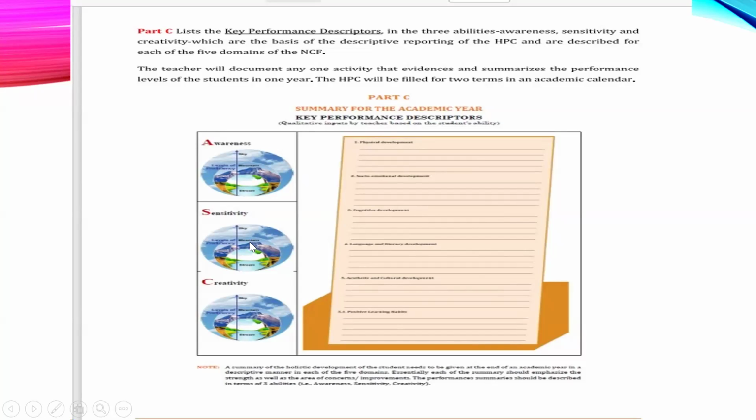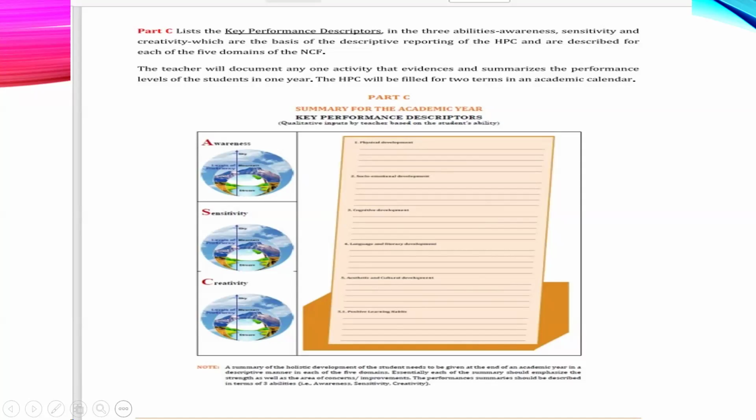Or sensitivity. I find a child really very helpful and taking interest and showing sensitivity in almost three or four domains. Then I will write S in the sky level. According to me, the child is brilliant in all these things, so I give S. And creativity, if the child is not taking interest, then I'll write C in stream.